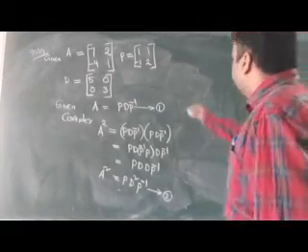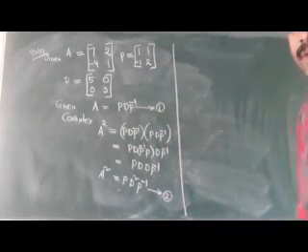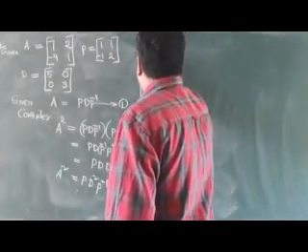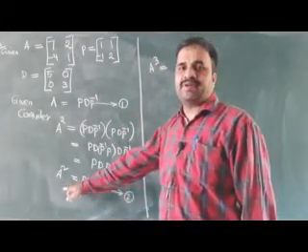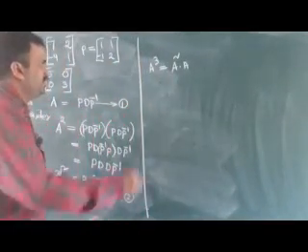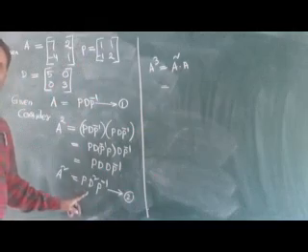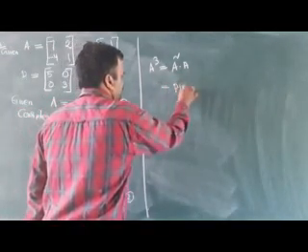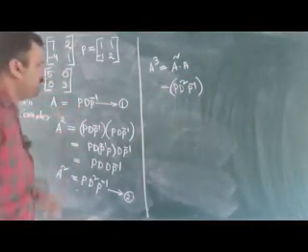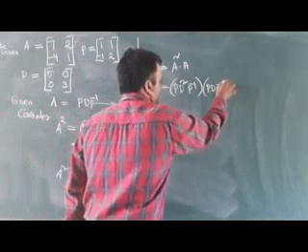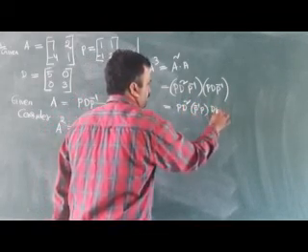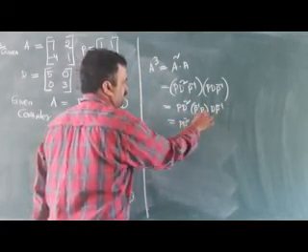A power 3 is nothing but A square into A. A square we already have, P D square P inverse, into A, which is P D P inverse. Multiply it: P D square P inverse P D P inverse, P inverse P is another identity matrix.